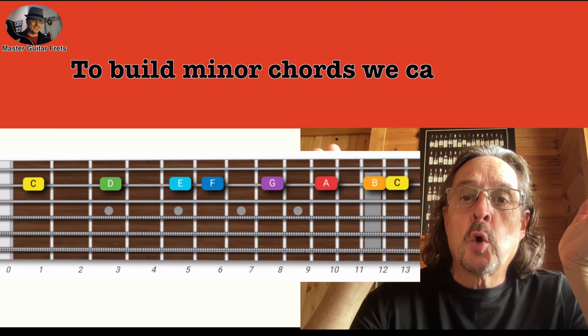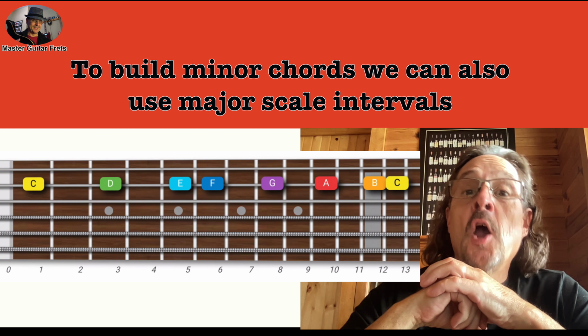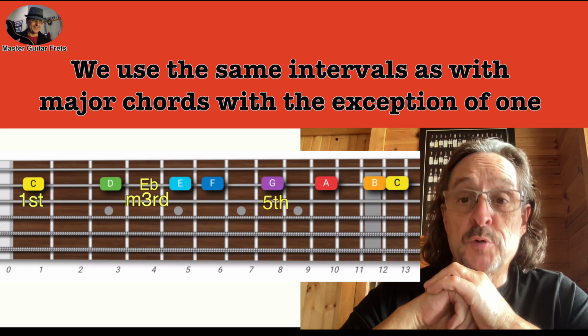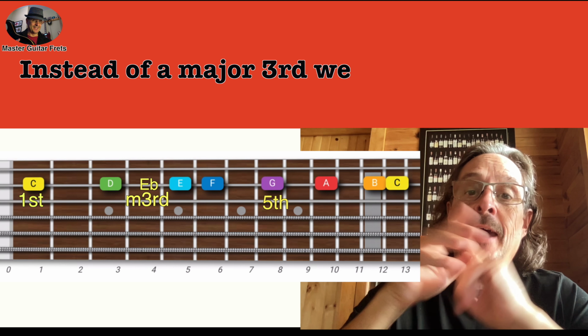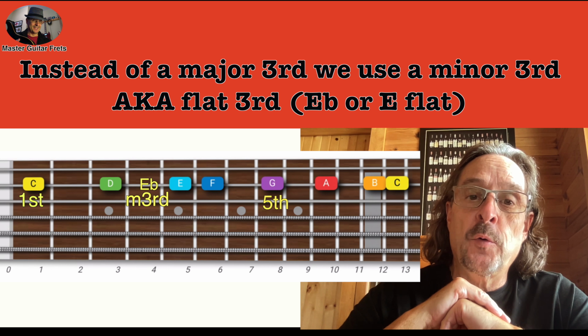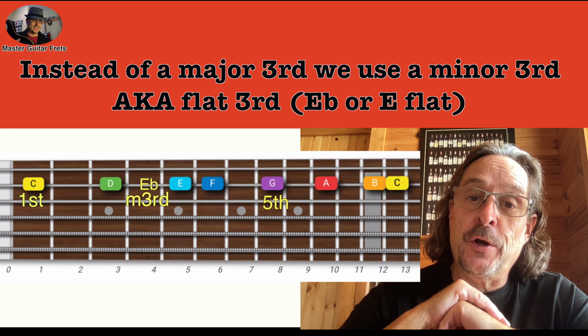To build minor chords, we can also use the major scale intervals. We use the same intervals as with the major chord with the exception of one. Instead of the major third, we use a minor third, also known as a flat third.